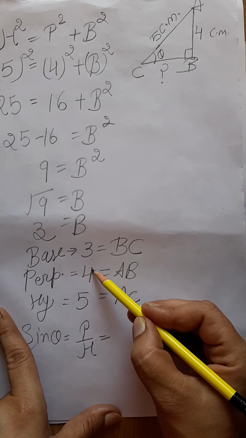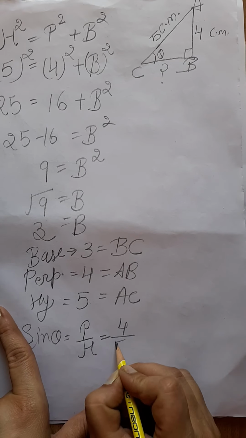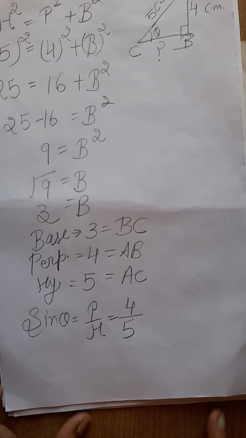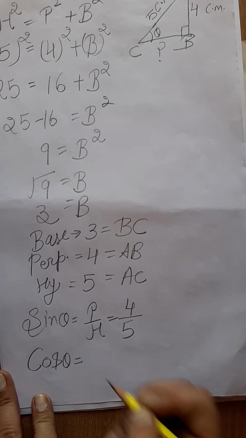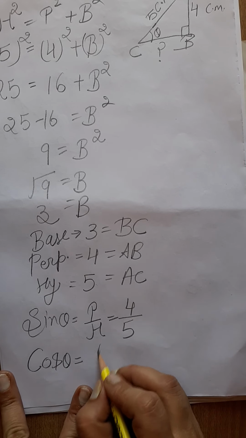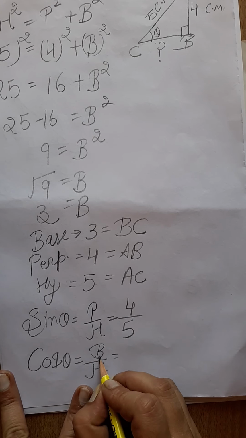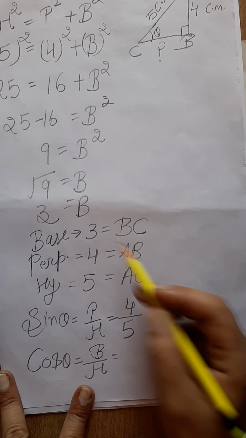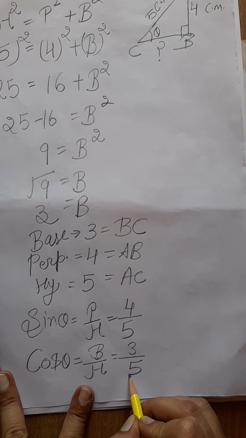You can see 4, and what is H? 5. So your answer is 4 upon 5. And if you have to find the value of cos, then the formula of cos is B upon H, and you can write the value of B. B means base, that is 3 upon 5.